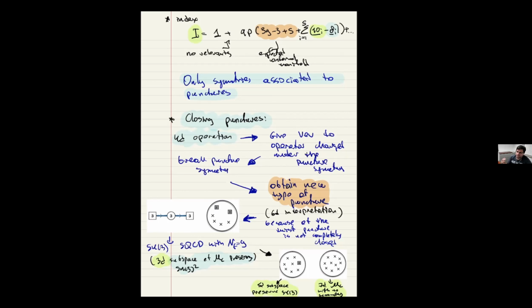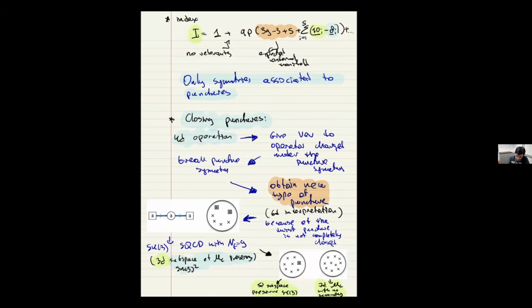Such a VEV will initiate a flow to a different SCFT, and in the process it breaks the symmetry under which this operator is charged. It turns out that this type of operation has a geometrical meaning. It produces a new type of puncture. You start with some type of puncture and you produce a new type of puncture.